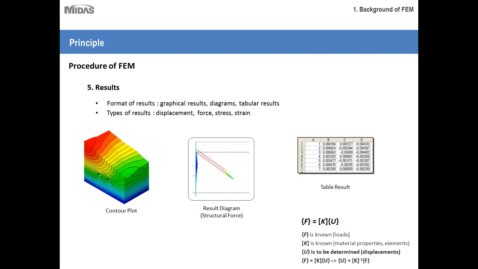So if we look at that equation for one last time, you can see in this step we have actually determined U, which is the displacement or the final result that we needed.